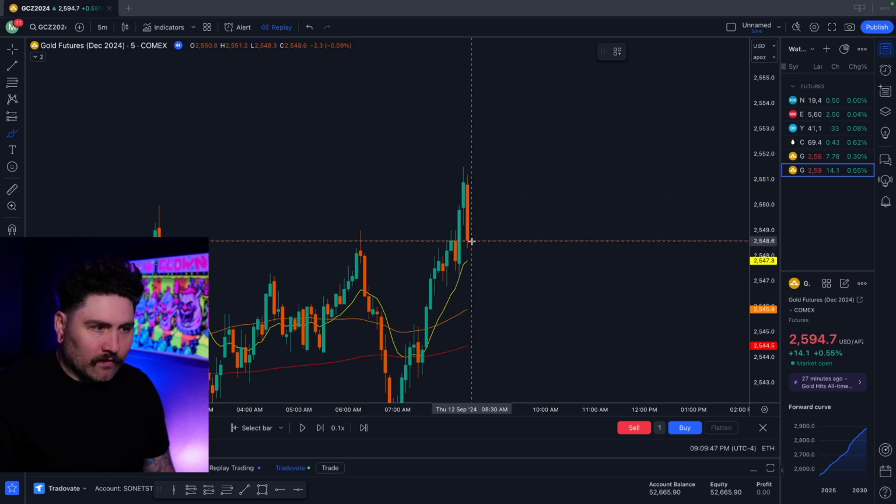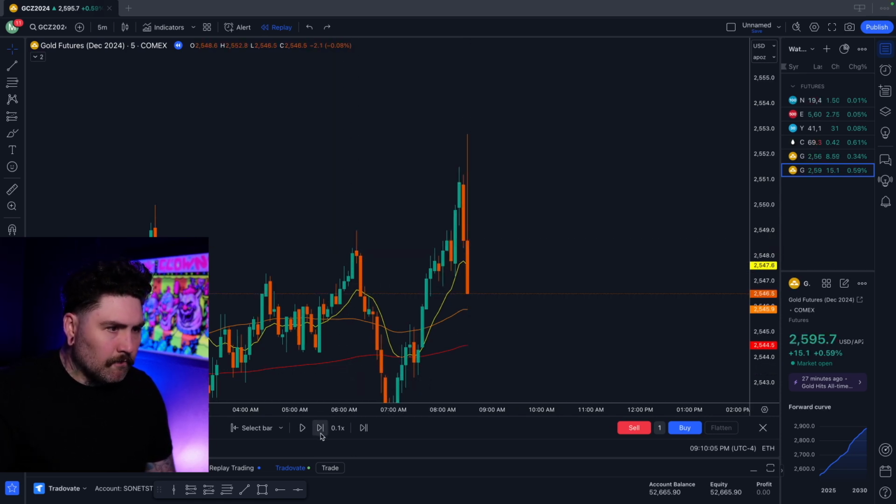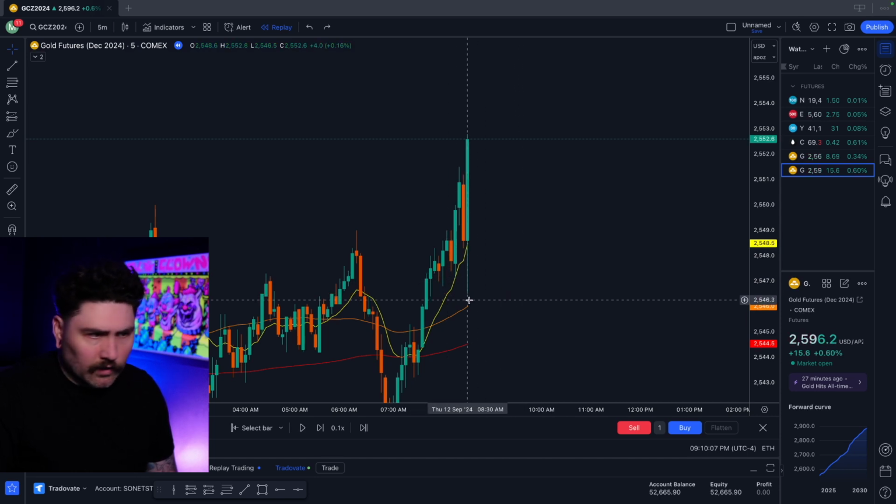Came right back down to this demand order block. There was a little bit of a gap right in here, right? And this was at 825. So I didn't take this trade because it blew right through the zone, right? So now it's 8:30. We had 8:30 news.